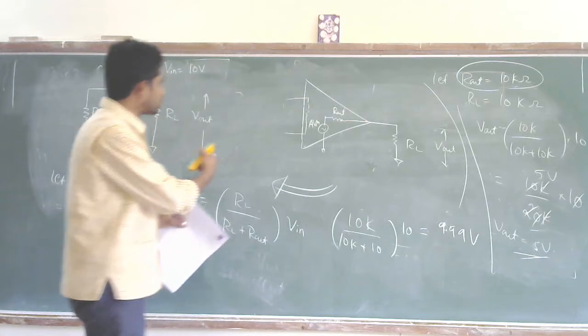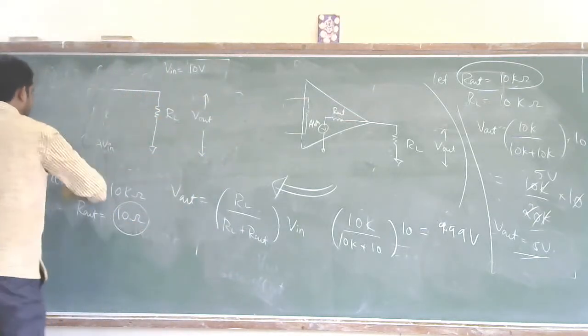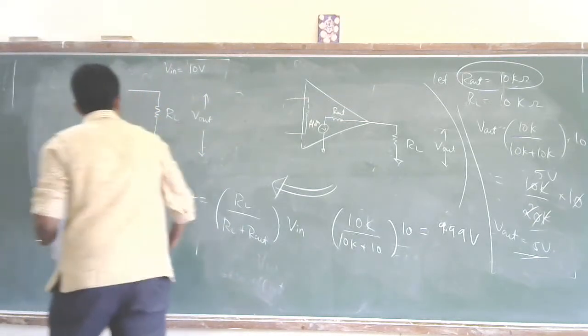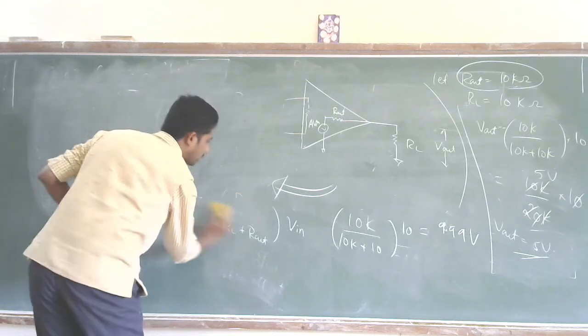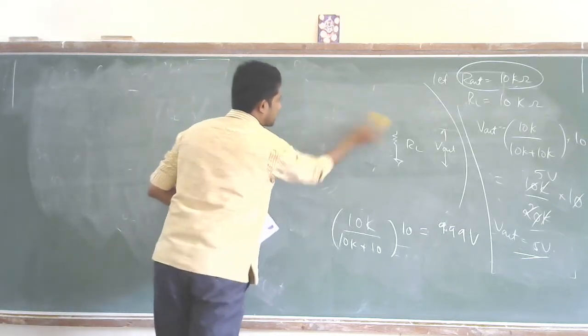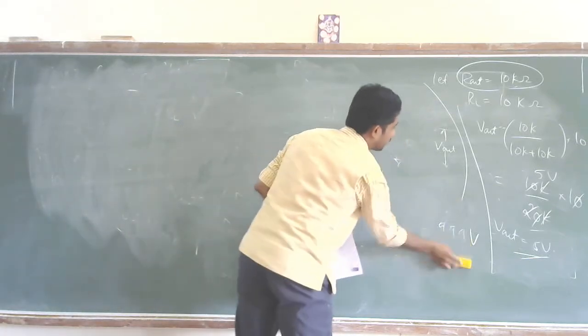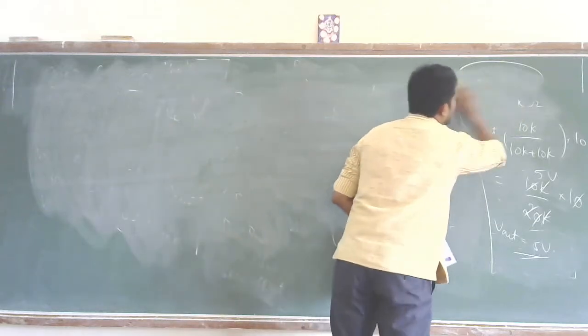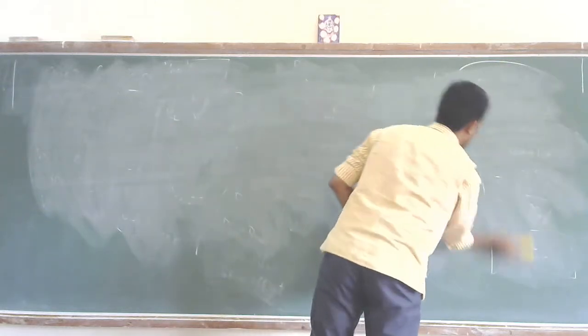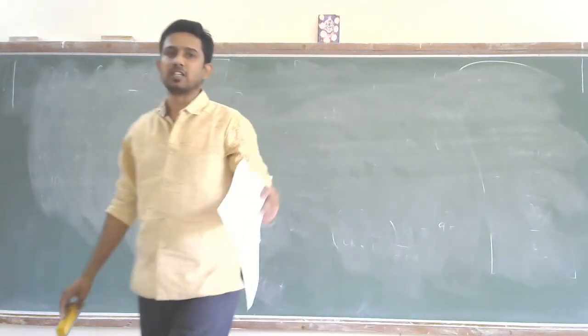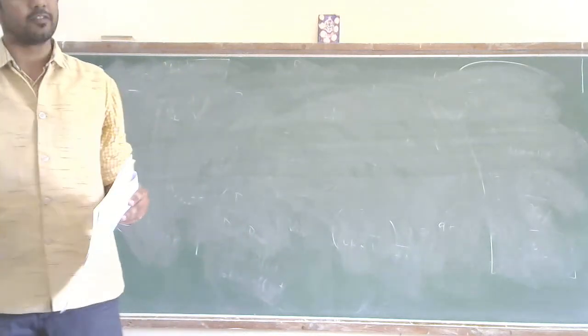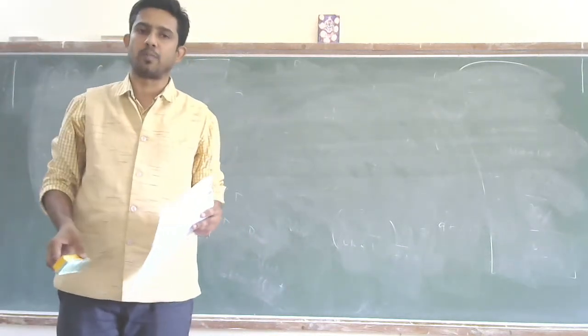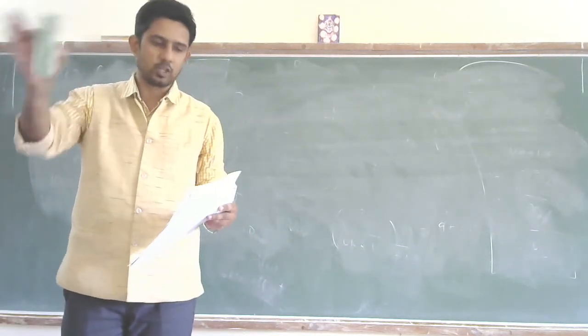And in today's class we saw two concepts which describe how the input resistance and output resistance of the voltage amplifier, or to be specific, the op amp, should be high and low. So that will justify the reason why we say the input resistance of the op amp is very very high or infinite and the output resistance of the op amp is very very low or zero practically.